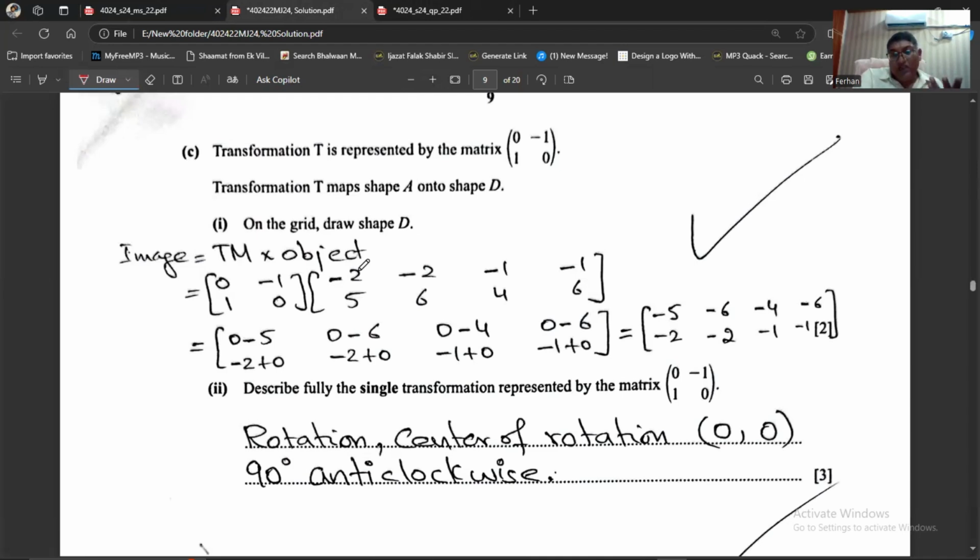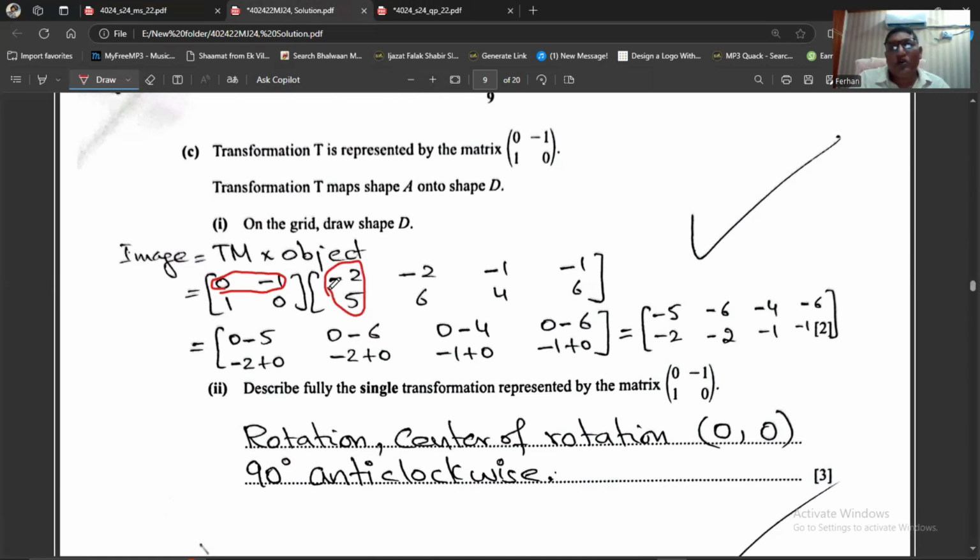The object matrix will be the coordinates of the object. They are -2, 5, -2, 6, -1, 4, -1, 6. From the first matrix we take the rows, and from the second matrix we take the columns.